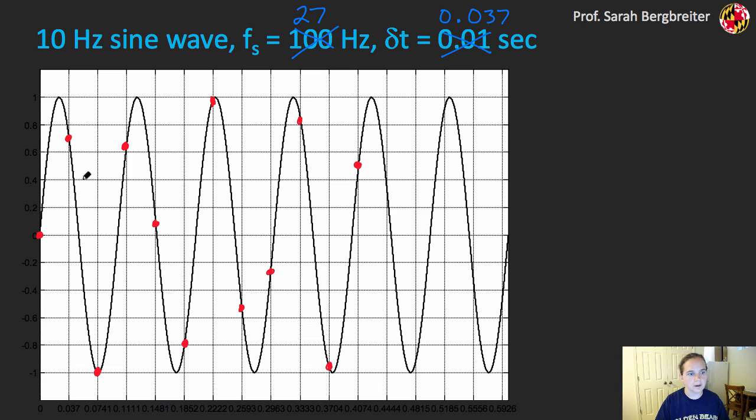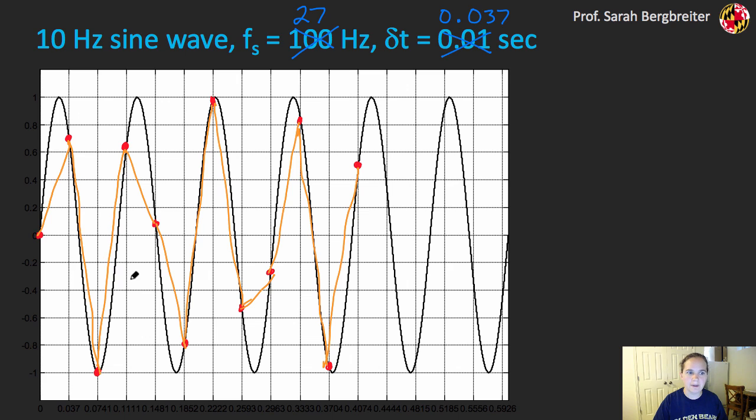Okay, we have a number of samples now of a number of cycles of my original signal, and I'm going to reconstruct it using that same approach of linear interpolation, drawing lines between the samples. I'll draw a line between the first two samples, then between the second two samples. I think you'll agree that this reconstructed signal is not nearly as good as when we had a sampling frequency of 100 Hertz, but the basic idea behind the signal is still there.